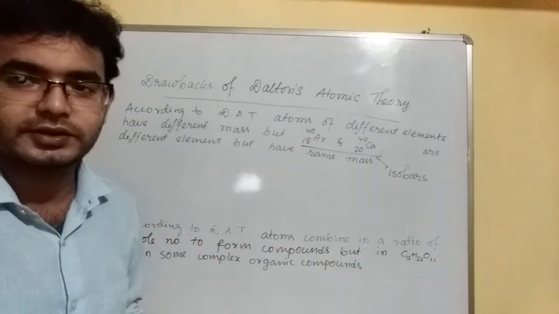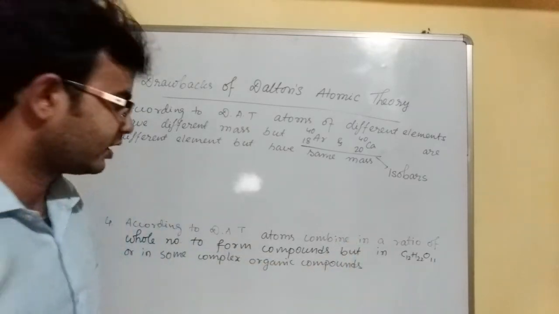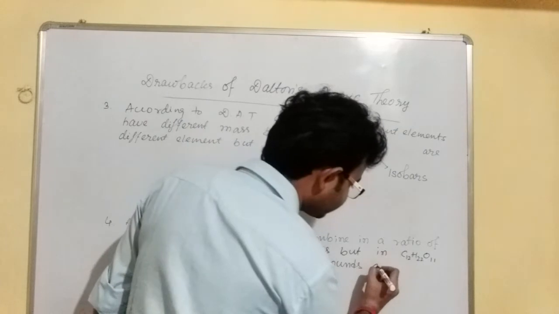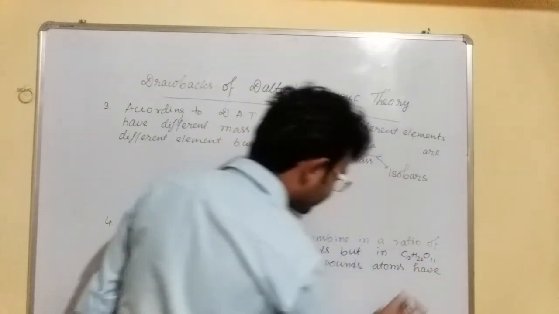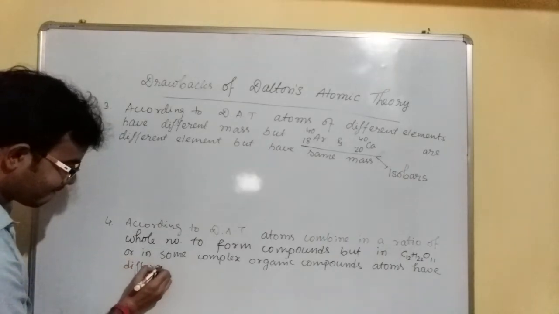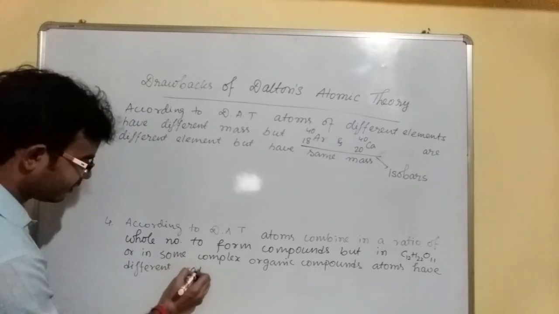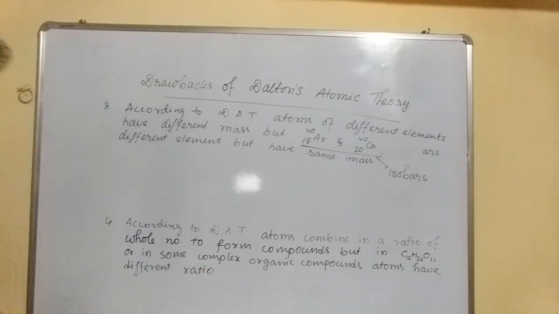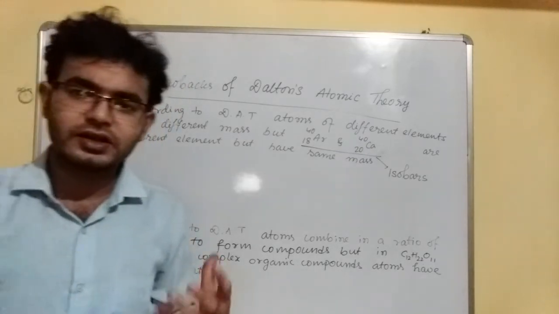So just try to remember this one. In some complex organic compounds, it can be observed that atoms have a different ratio. That means here they do not combine in the ratio of whole numbers.